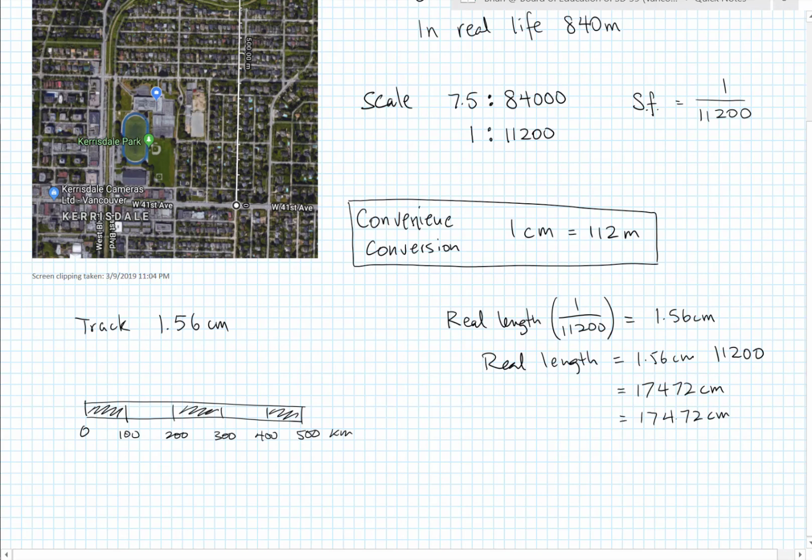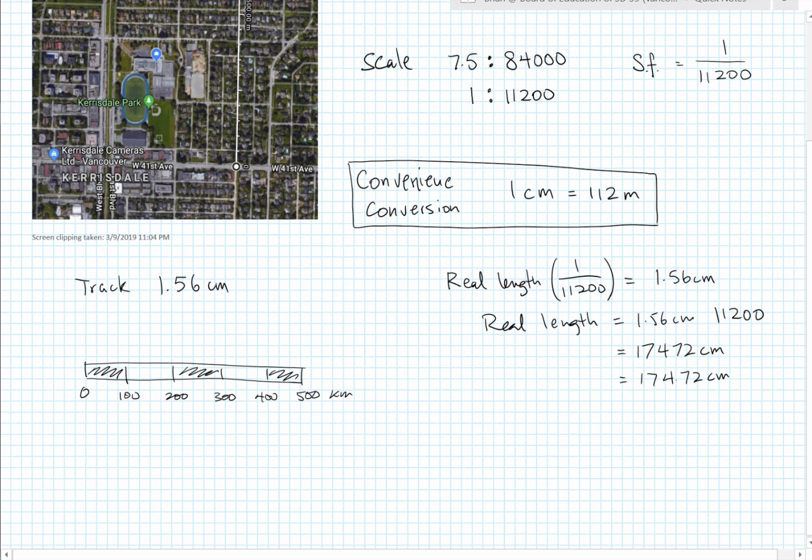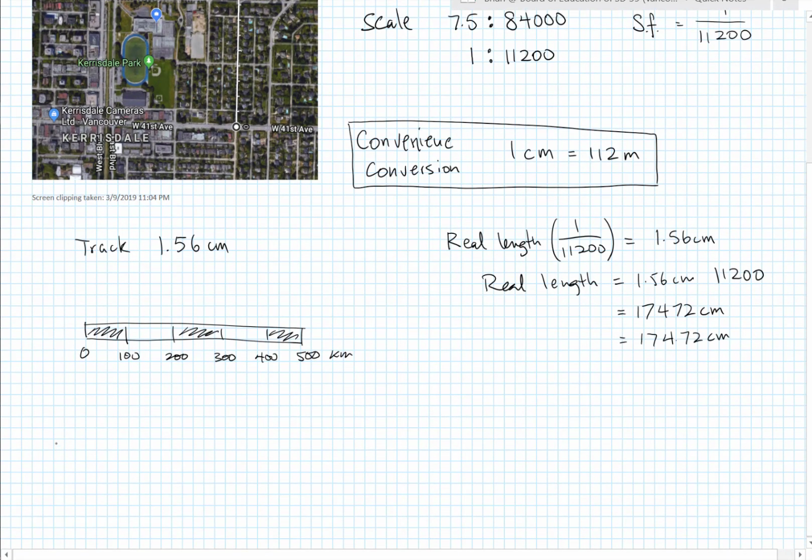These black and white alternating bars are maybe 1 centimeter, and so what we're saying here is 1 centimeter is equivalent to 100 kilometers. But what would the actual scale factor be in that case? Well, the scale factor would be 1 centimeter over 100 kilometers. But we can't simply leave it like that because the units aren't the same. So we could convert 100 kilometers first to meters by multiplying by 1,000, so you'd get 100,000.